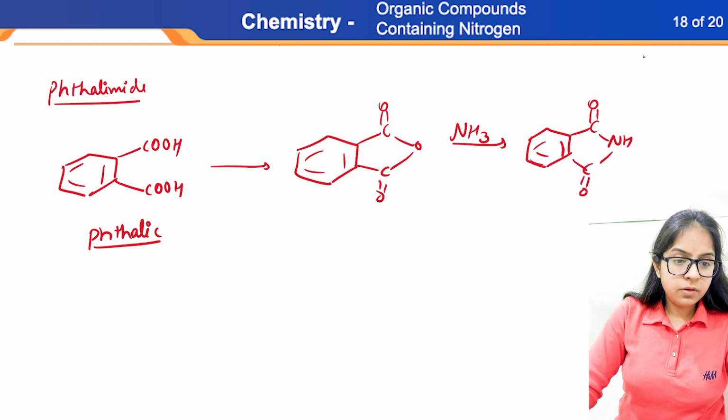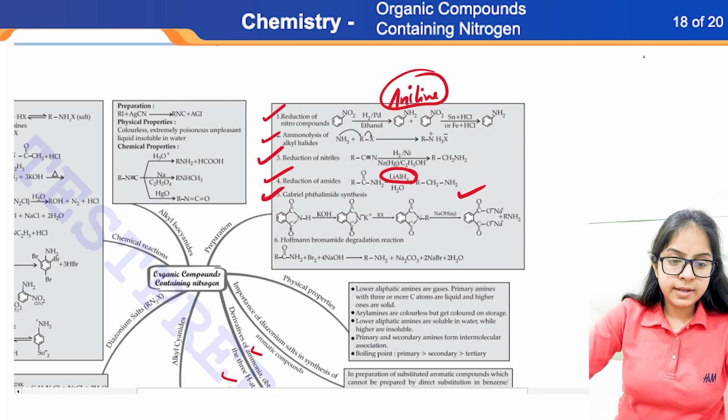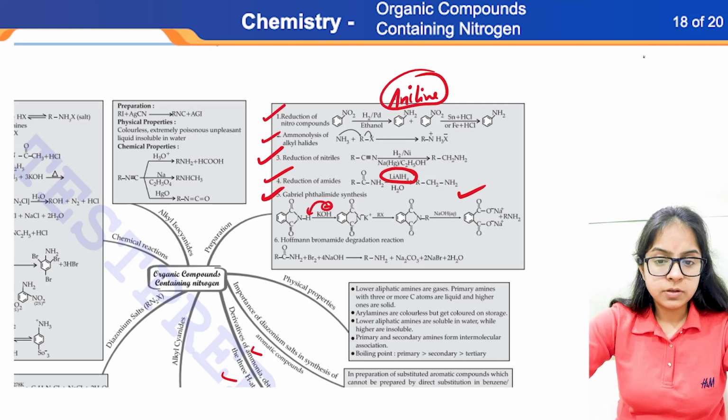Okay. Now, after that, the phthalimide is going to react with KOH. KOH, you know, OH negative is a base. It will abstract a proton from here. The H is going to get removed, leaving a negative charge and K positive.